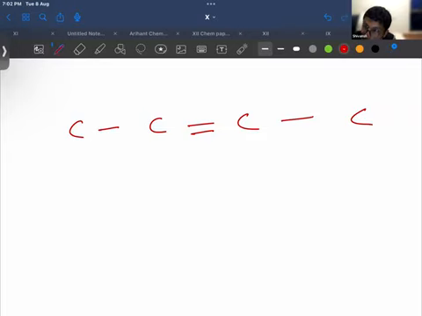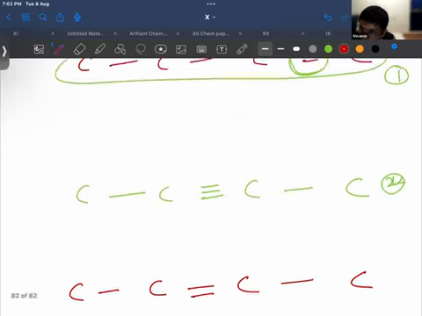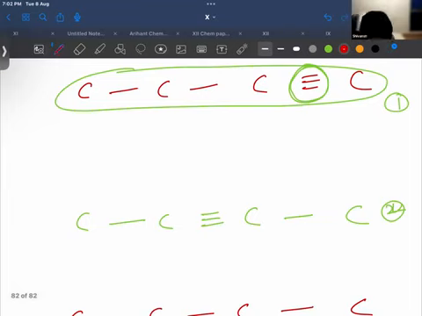हाँ बोलो. Can you go back to the previous one where you were discussing the butyne? Is the formula going to be C4H6? The formula? Yeah.